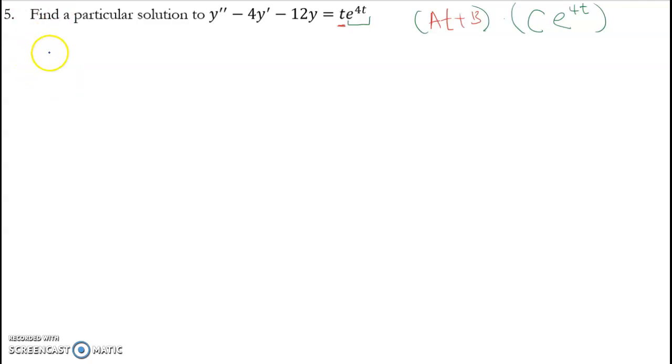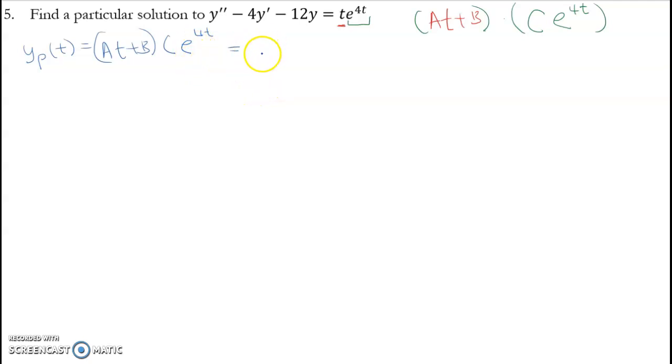Let me rewrite this. So our particular solution, our guess is that it'll take on the form of (at plus b) times c e to the 4t.